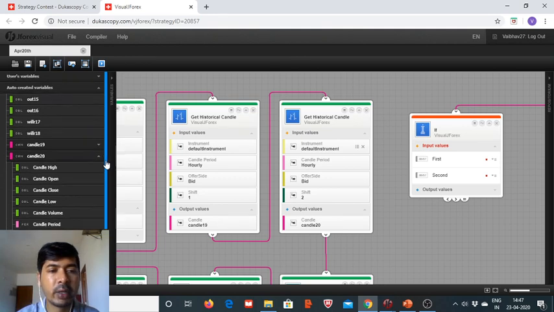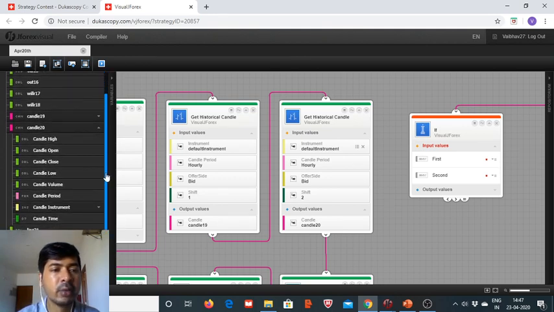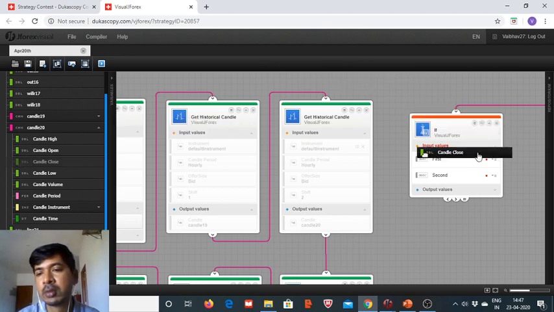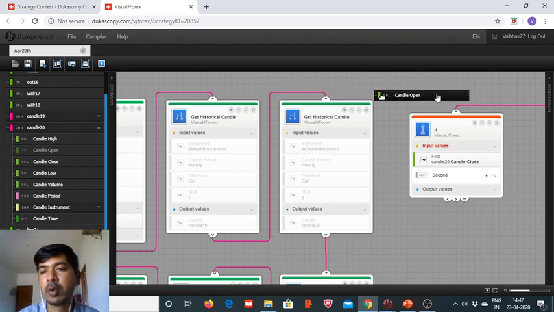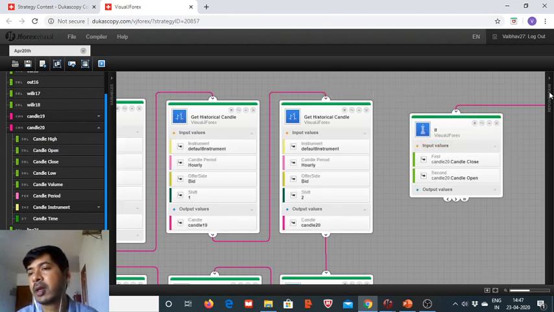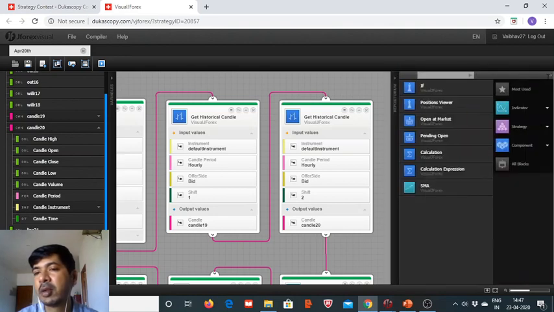And candle 20's closing should be greater than the opening price. So we take in another if conditional. Let us take 2, 3.